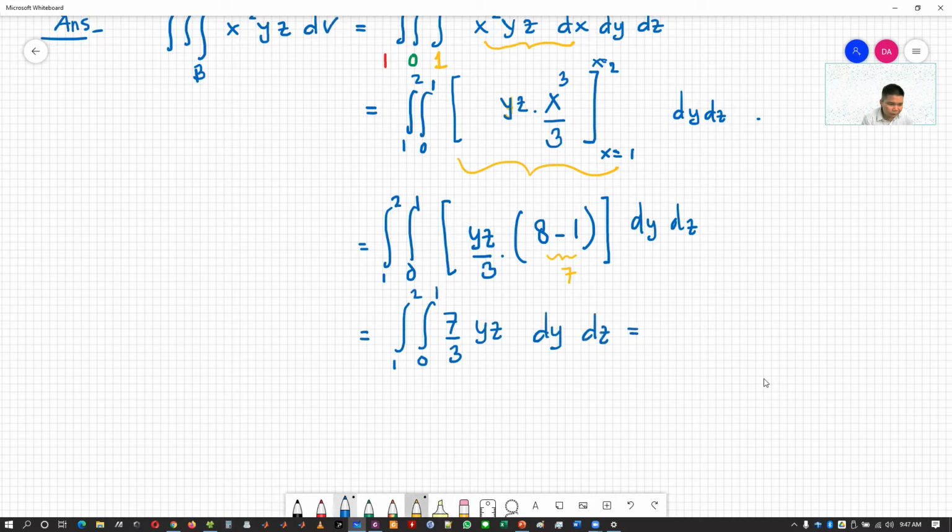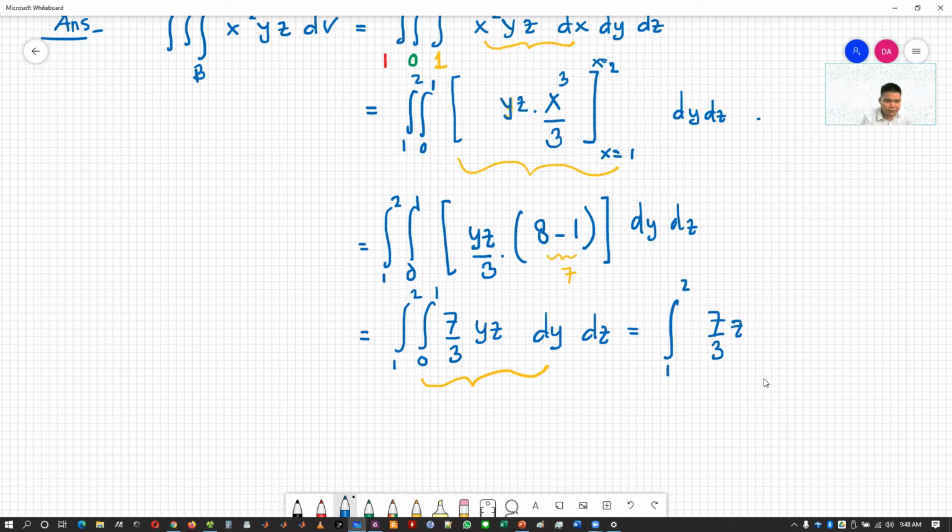Now I will try to calculate with respect to y, where z is considered to be constant. Now I will try to do it here. 1 over 2, 7 over 3, and then z is considered to be constant.